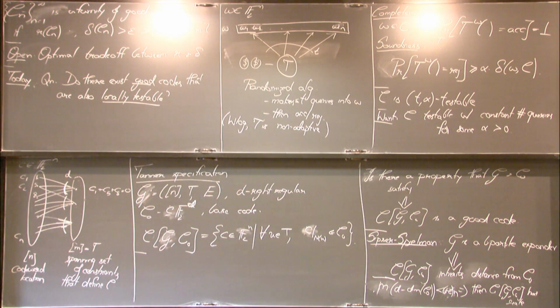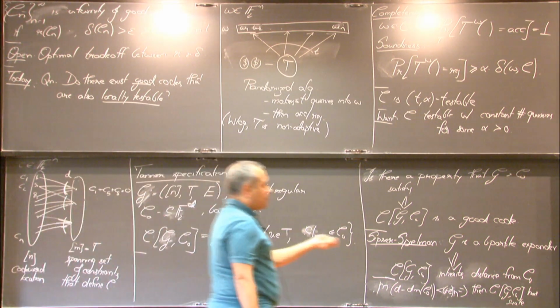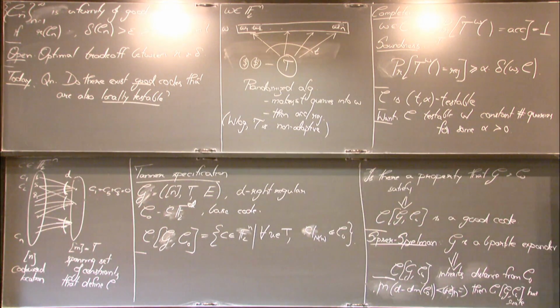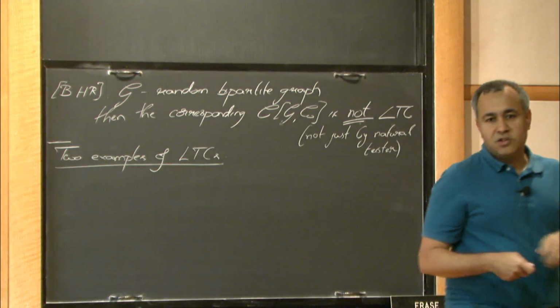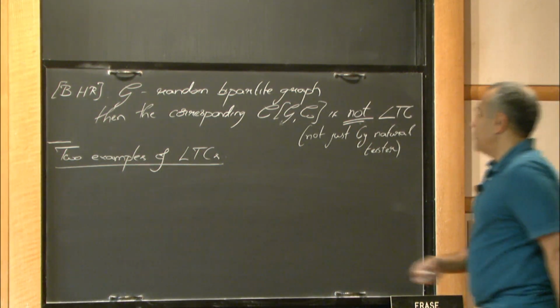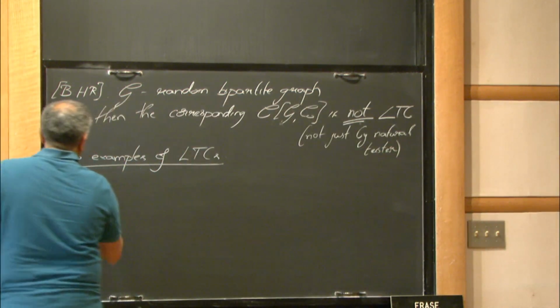That depends. Ideally I would like D to be constant. In the two examples I'll show, in one D will be 3, and in the other it will be the field size itself, which is slightly larger. One will be what I'll call the Hadamard code.